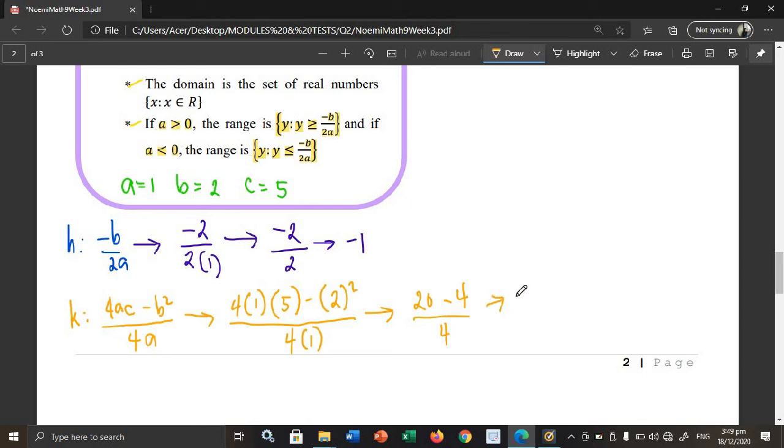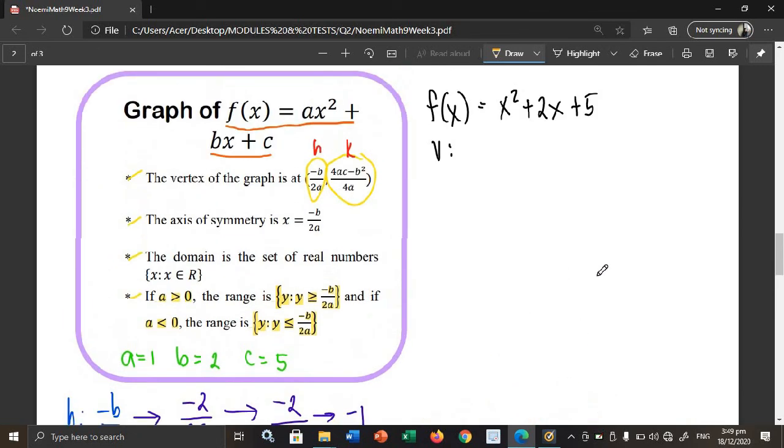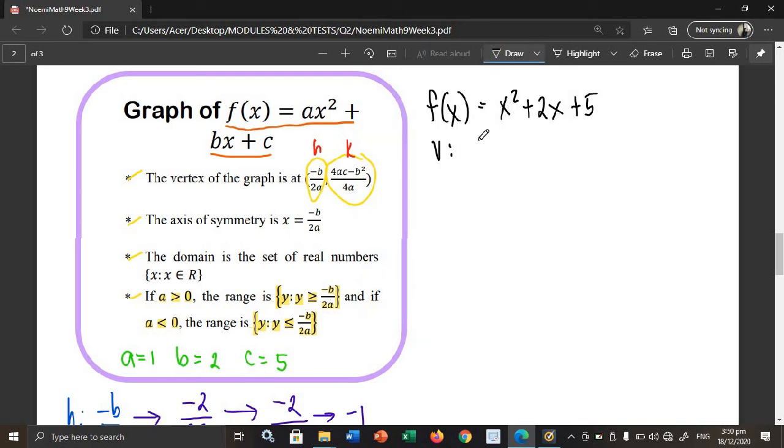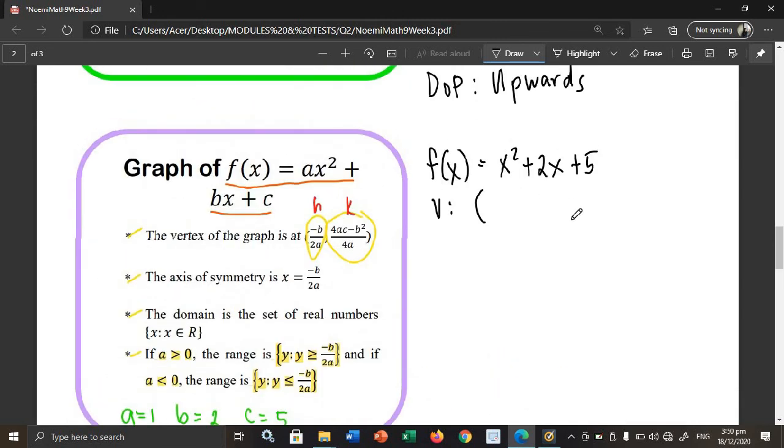And then we have 20 minus 4, that is 16 over 4. 16 over 4 is simply 4. Okay? Now, you have your vertex. Okay, yung vertex mo ngayon, may value na. We have negative 1 and 4.